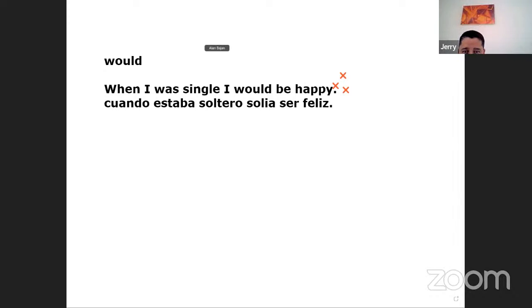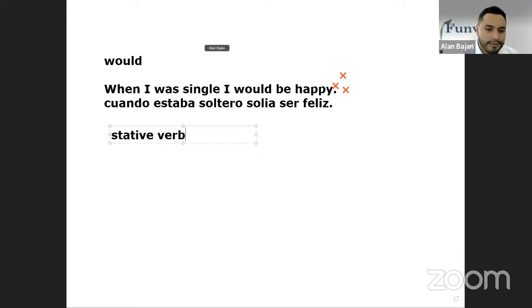We cannot say, when I was single, I would be happy. That's not grammatically correct because it's a stative verb. The verb to be is a stative verb.